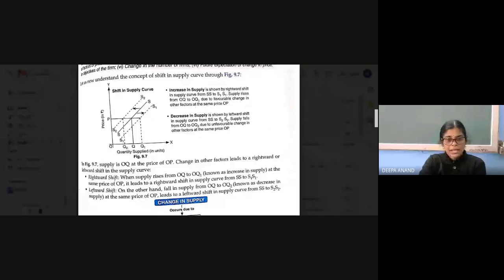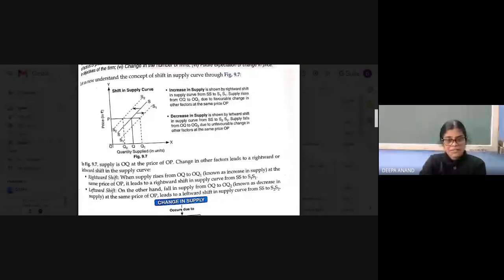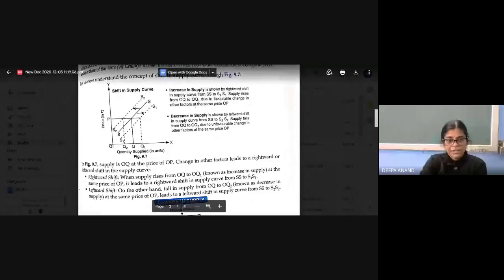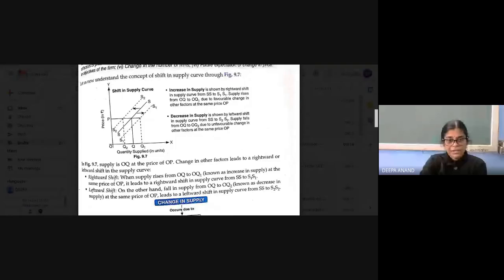When there is a shift or increase in the supply due to other factors, it takes a rightward shift. That means S1. With a rightward shift, quantity supplied is more, and with a leftward shift, quantity supplied is less. So when it takes a rightward shift, it is called increase in supply.